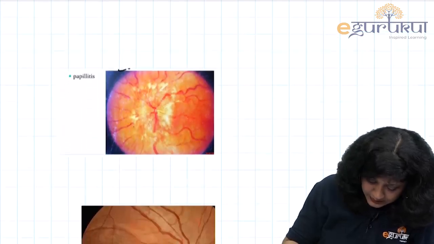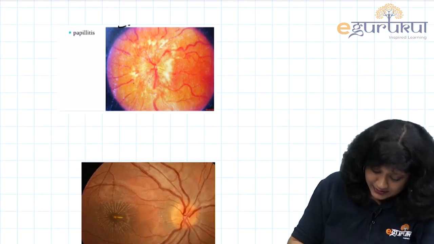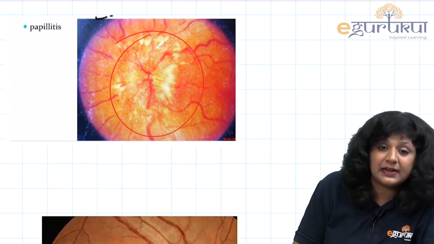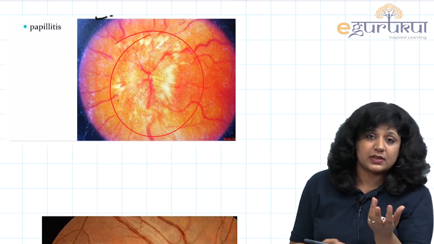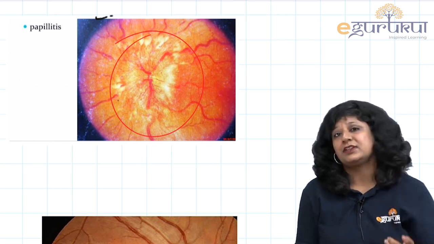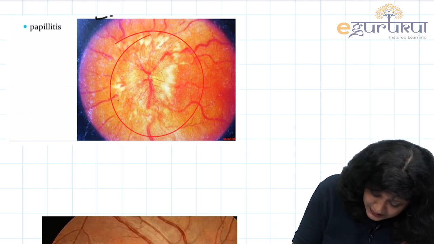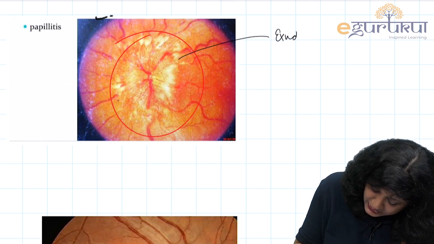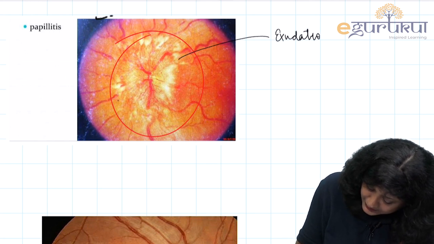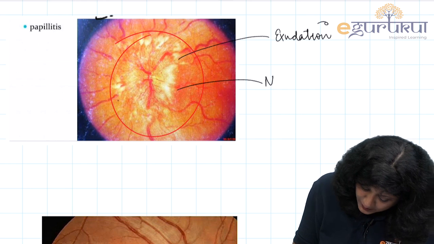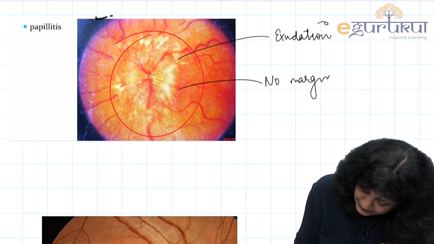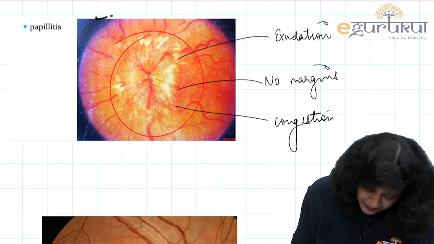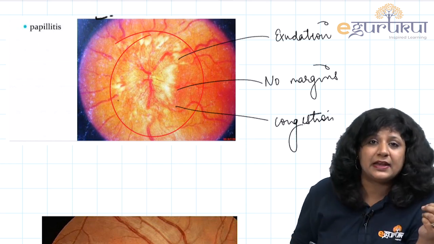Alright. Now, can you see? This is a fundus picture showing papillitis, a late fundus stage where you are getting a lot of exudates. You can see a lot of exudation, no margins are visible, and we have congestion present. So that means this is papillitis.